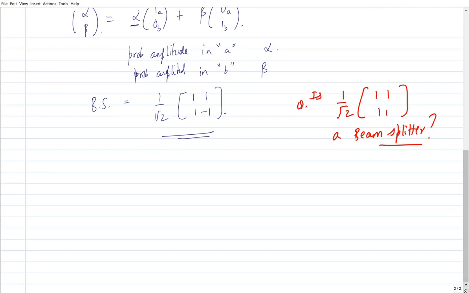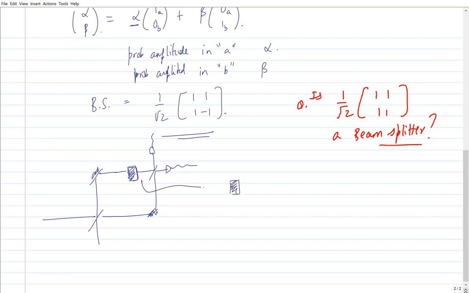And let's say, for example, I have a phase shifter, like I introduce some glass plate in the path of the photon, this phase shifter is just going to put some sort of a phase relative to port B on this path over here. So we'll see these things in detail.